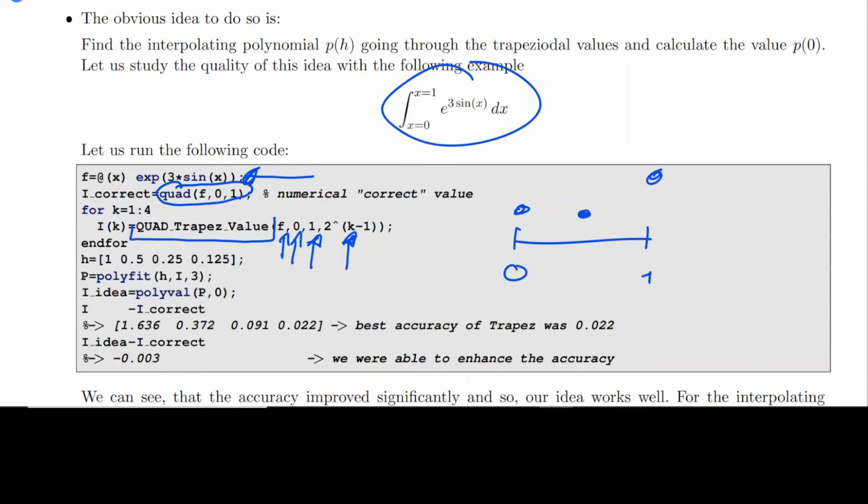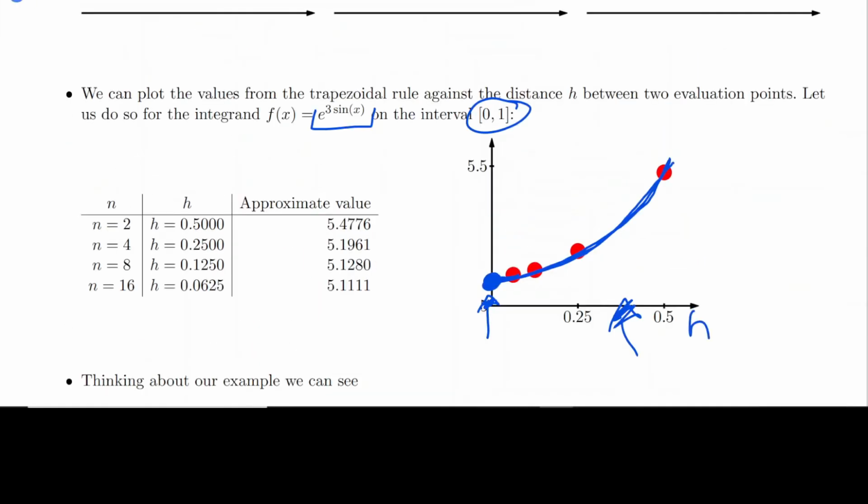If k is 3, then we evaluate also at these points, and if k is 4, then we evaluate at these points. And so we get 4 integral values, and now we interpolate these values, the h and the I. Here are the h values, and those are the I values.